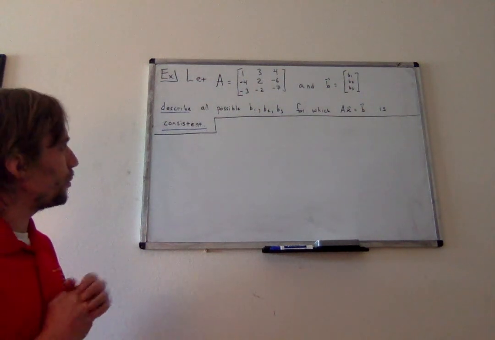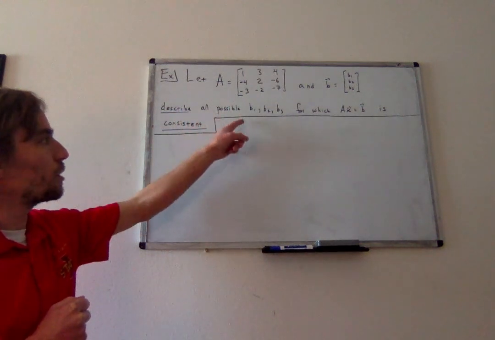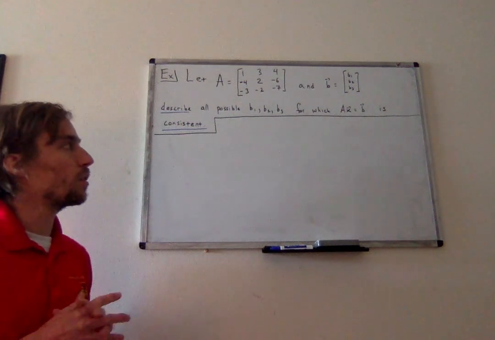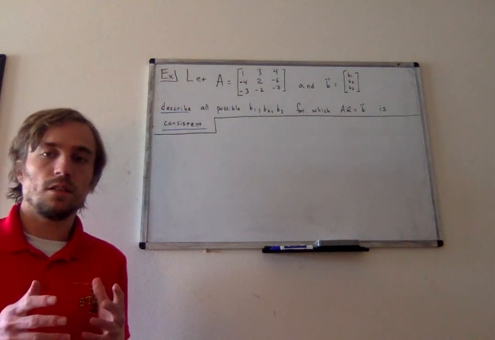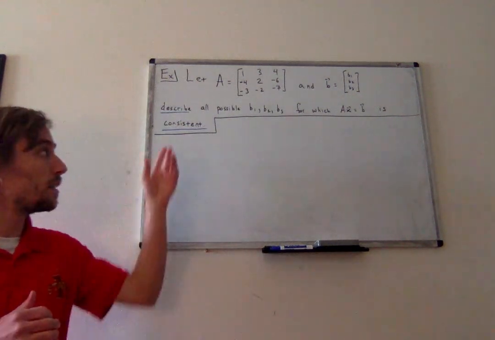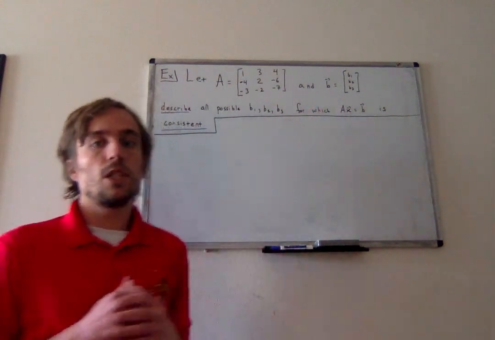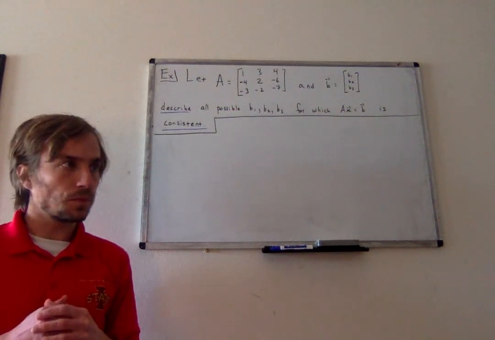And what we want to do here is describe all possible B1, B2, B3 for which the matrix equation AX equals B is consistent. And of course, remember consistent here implies that this matrix equation has at least one solution.